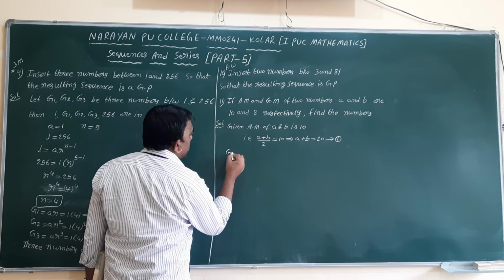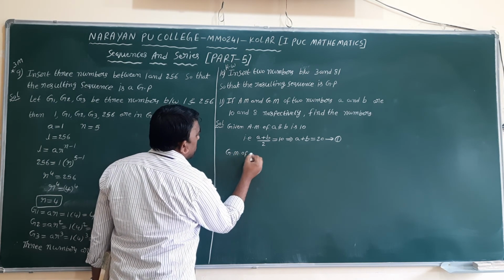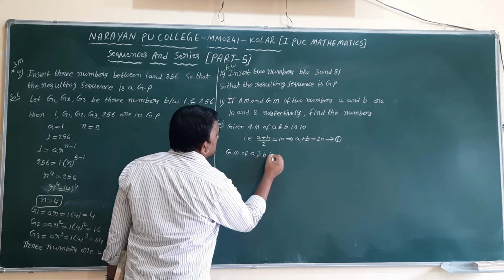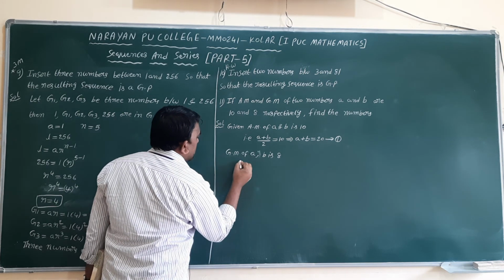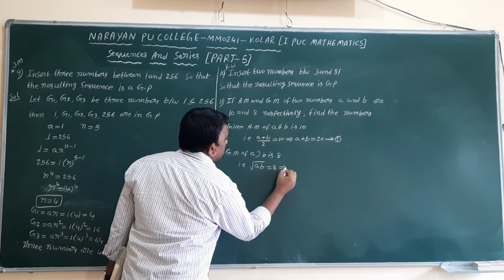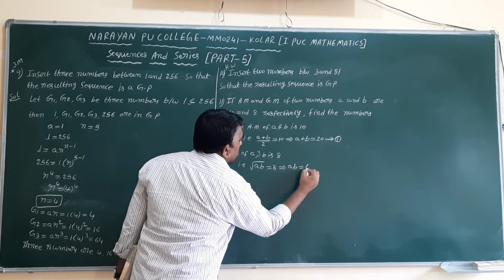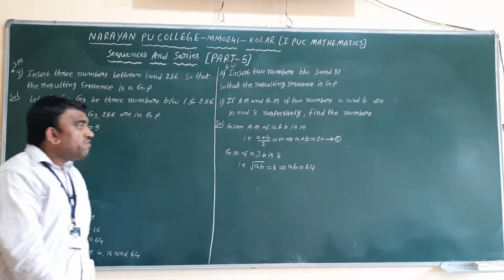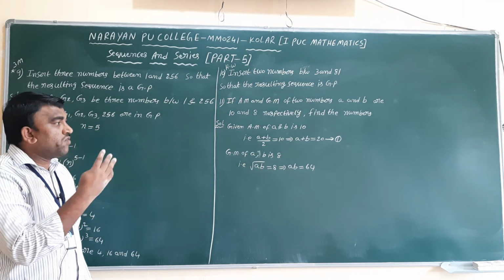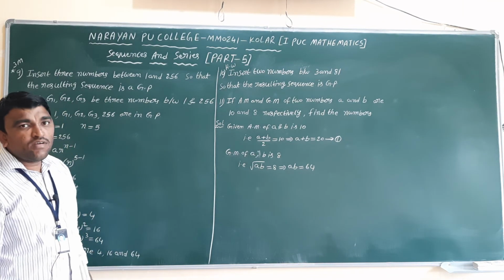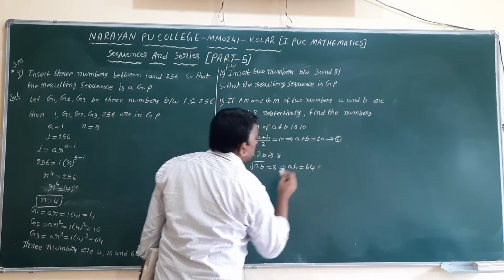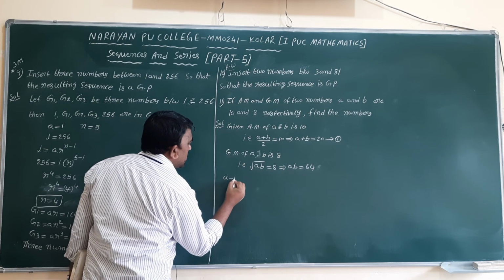Next, GM of a, b is 8. That is, geometric mean root ab equals 8, which implies squaring on both sides, ab equals 64. Now by using these two terms we need to get a and b. So from this, otherwise we'll do one thing: a minus b whole square.